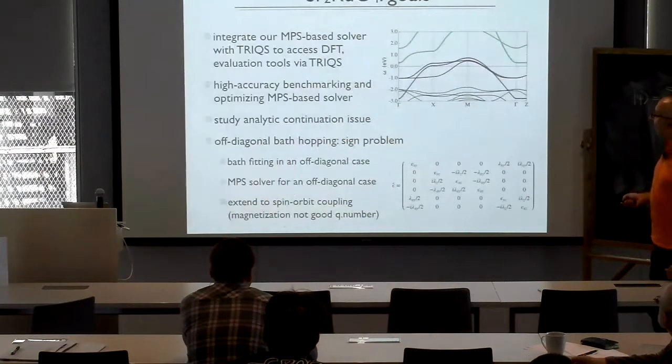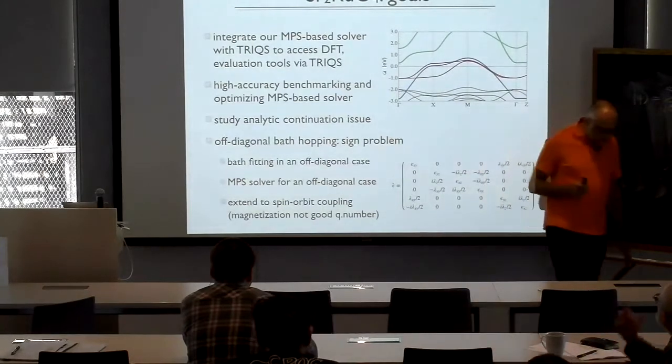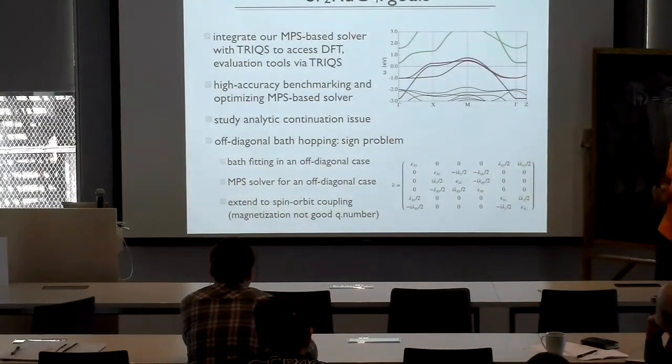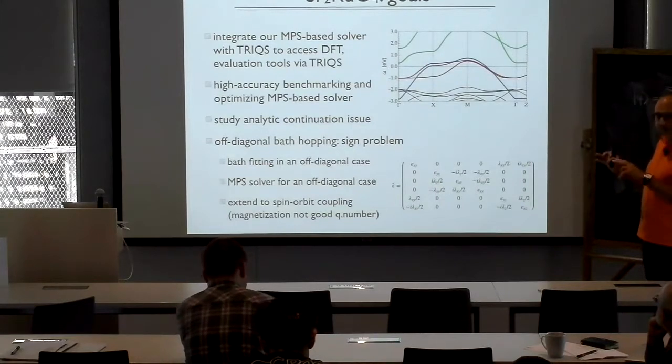So the program that we pursued here is in the knowledge that becoming realistic somehow made DMRG work much less well. I mean, the thing which we discovered for the pseudo-strontium vanadate and the real strontium vanadate.